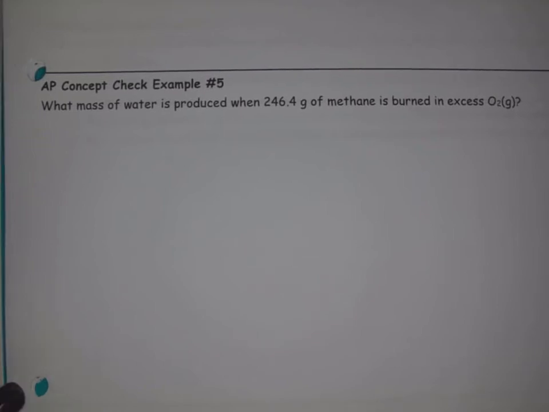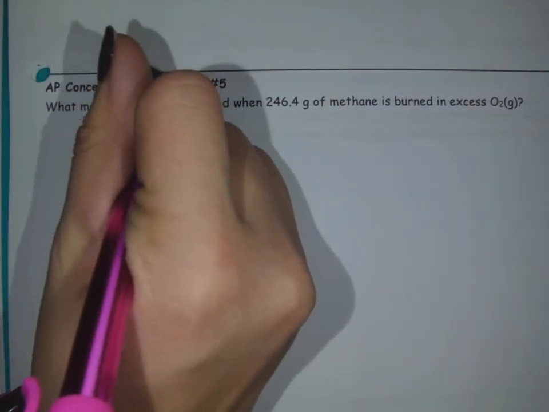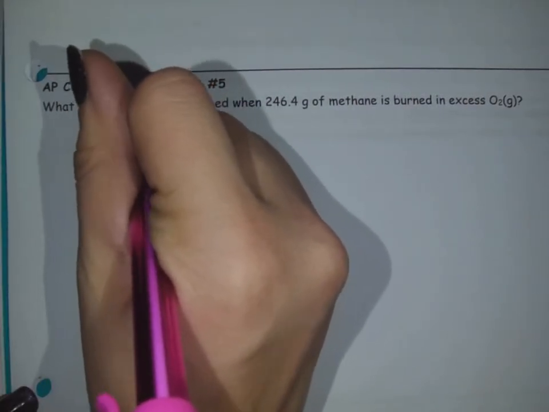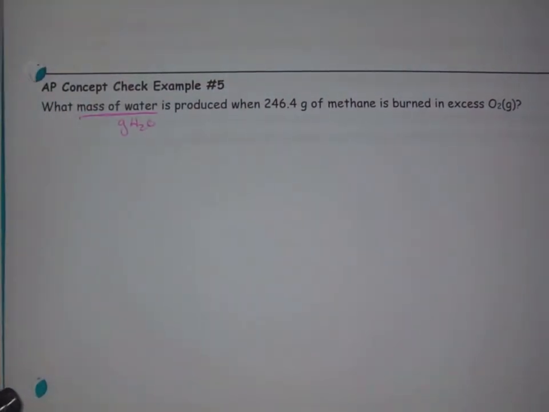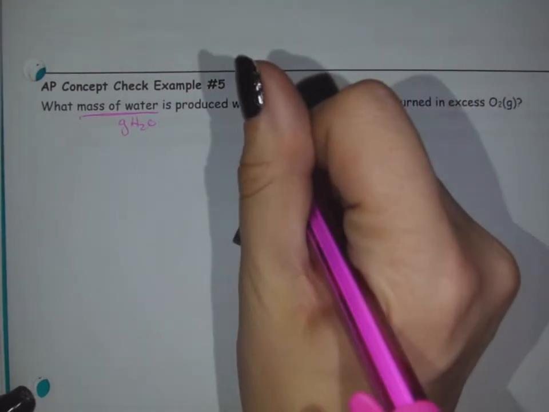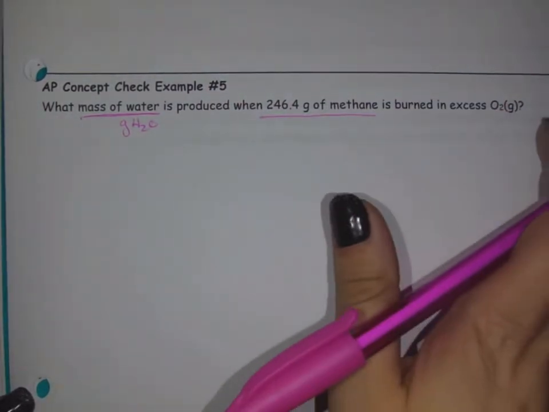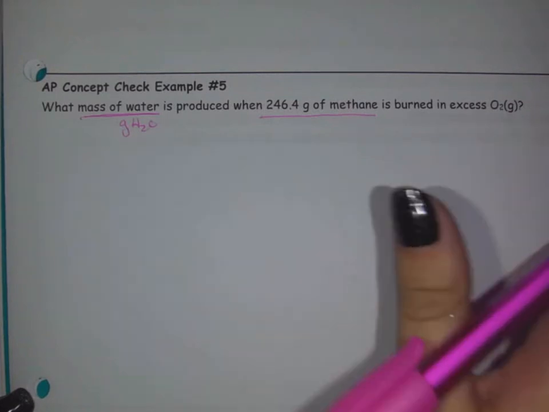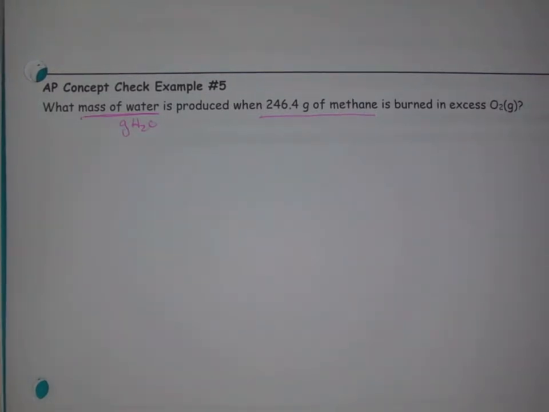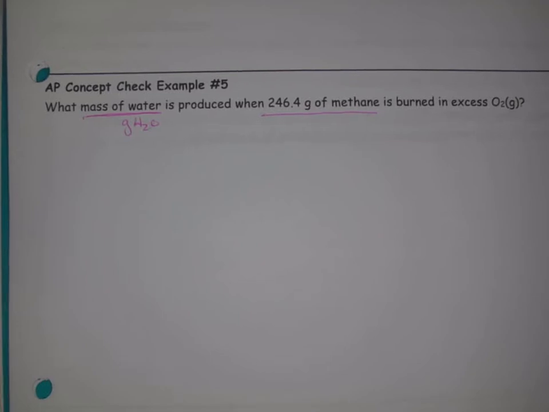So, what mass of water? We want to end with grams of H2O, produced when we have this many grams of methane that is burned. Let me double check, make sure I tell you the right one. Methane.